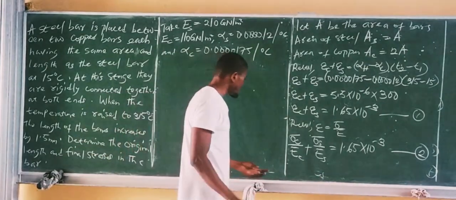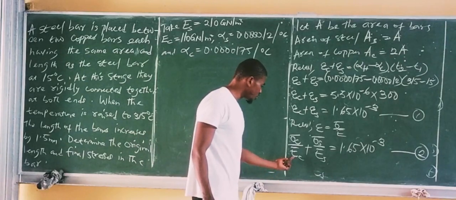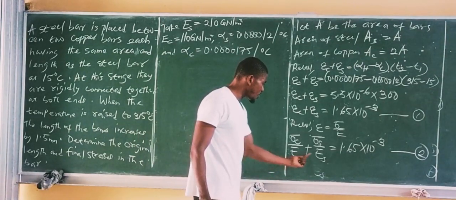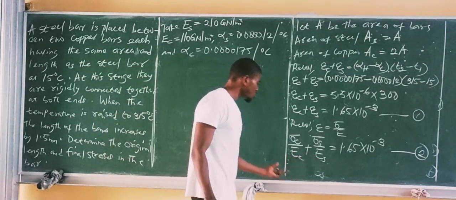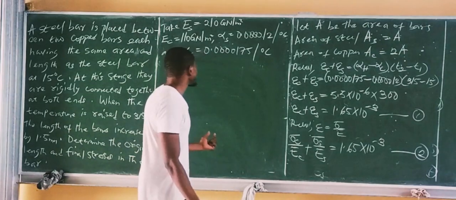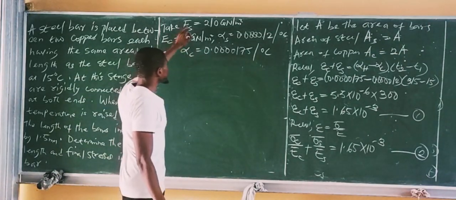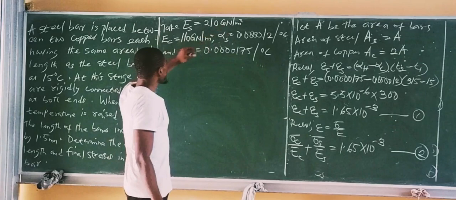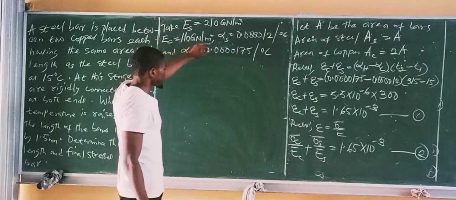Okay, now looking at equation 2, of course we know the Young's modulus of copper and we know the Young's modulus of steel. So we can simply put in their values. The Young's modulus of steel is 210 kilonewtons per meter, while that of copper is simply 110 kilonewtons per meter.